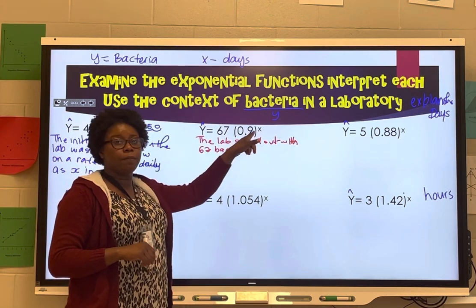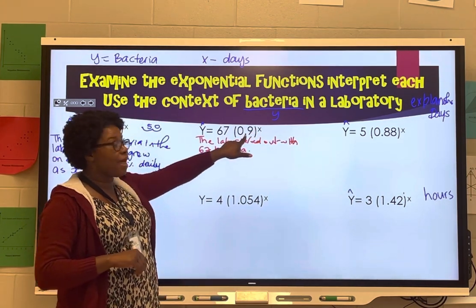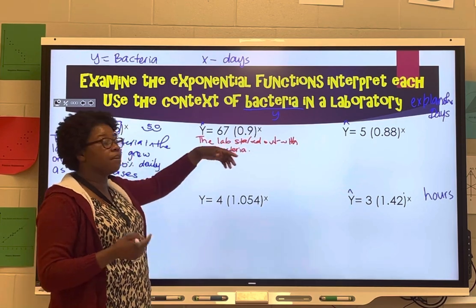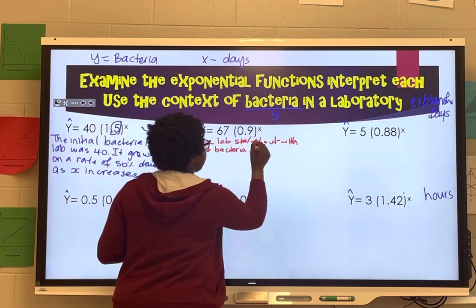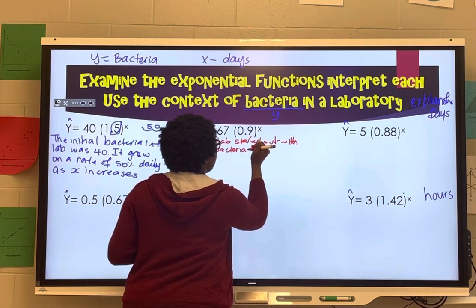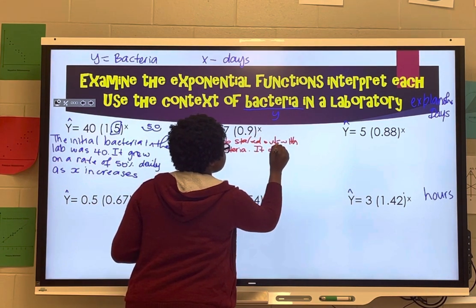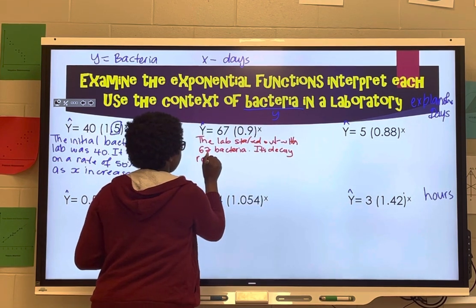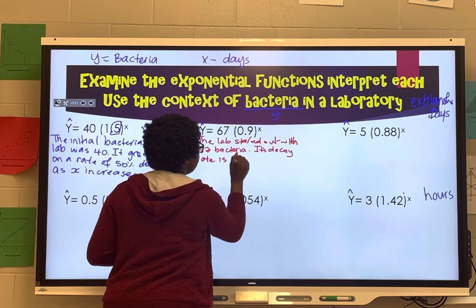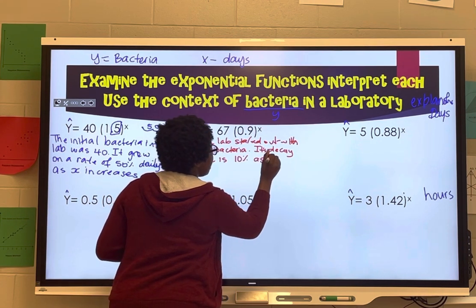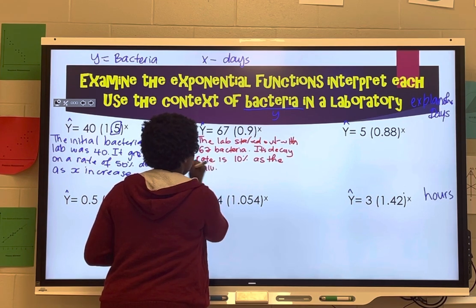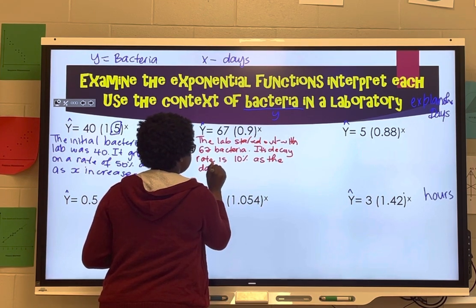Here it's a 0.9. So we know that this is a decay of 1 minus 0.9 to give us 10%. So we can say its decay rate is 10% as the days increase.